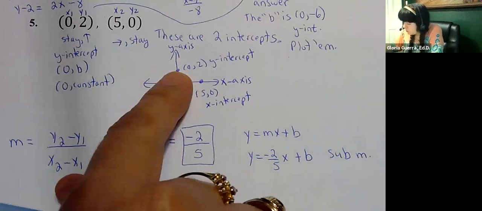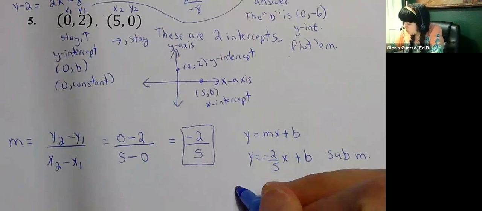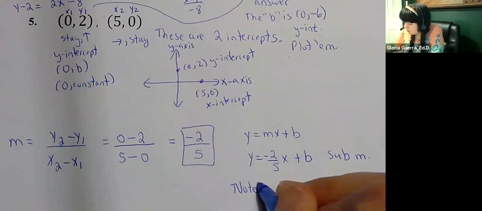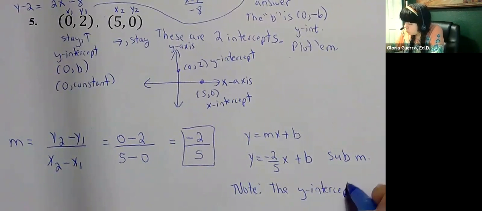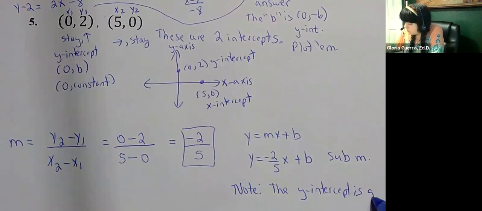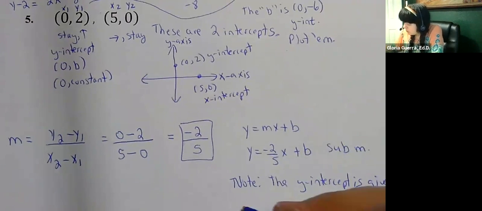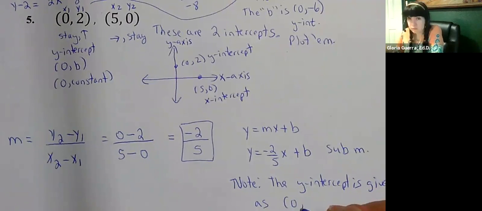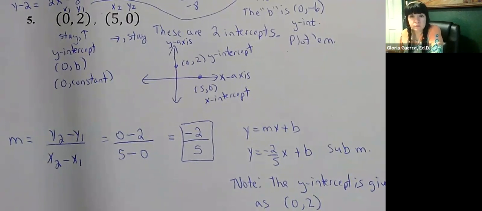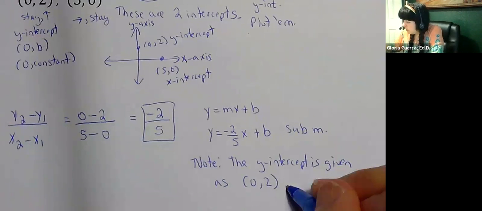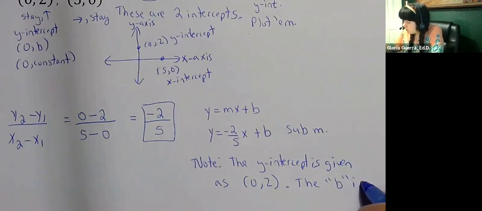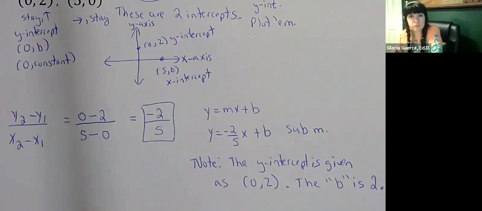So for this one, you want to note that the y-intercept is given as 0, 2. That means that b is positive 2.